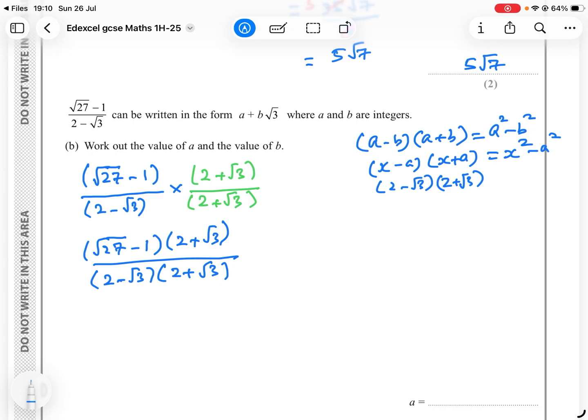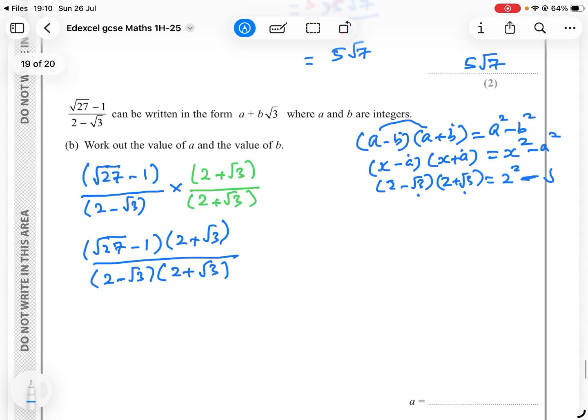So now you have to follow this rule: 2 and 2, you put 2 squared. Then here, you put the take away sign, and root 3 squared.